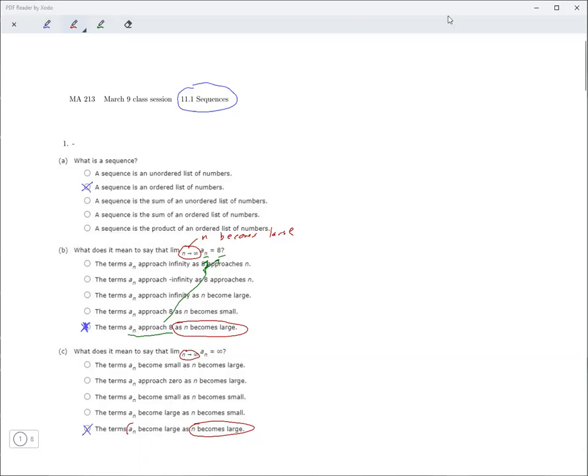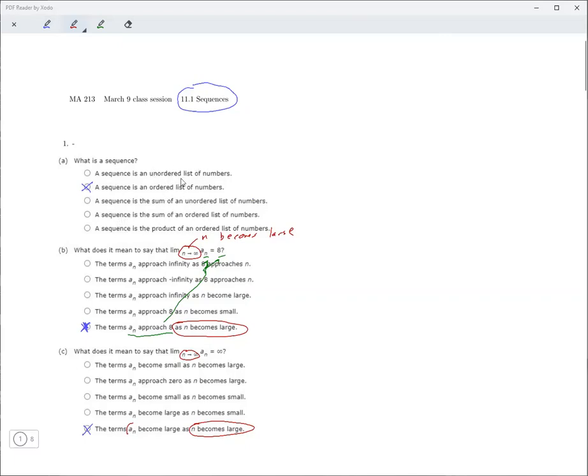Okay, so that's just a few things about sequences. We already know about limits of functions, and this kind of behaves similarly. And there's another way besides this of thinking of sequences.